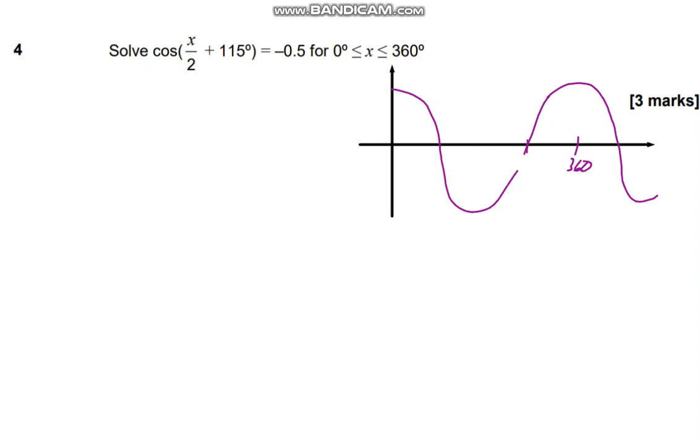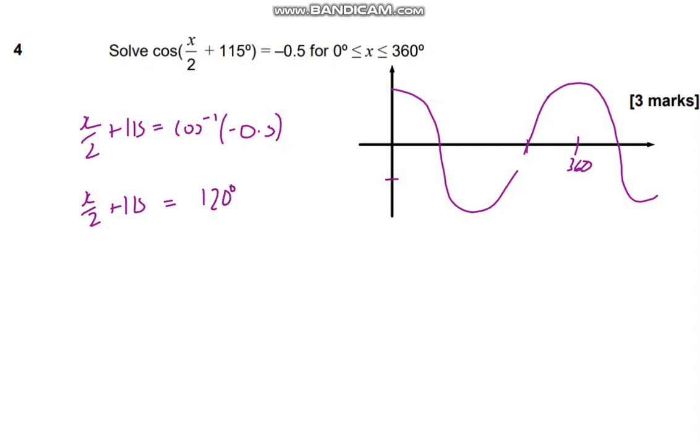So we're going to say then that x over 2 plus 115 is equal to cos to the minus 1 of minus 0.5, and we can find from our calculator that that is 120 degrees.